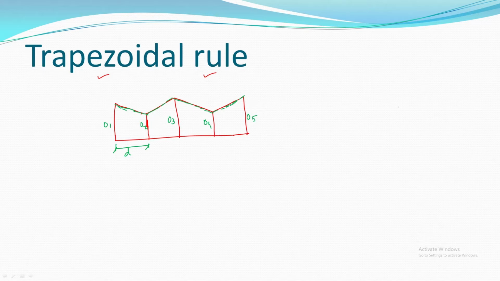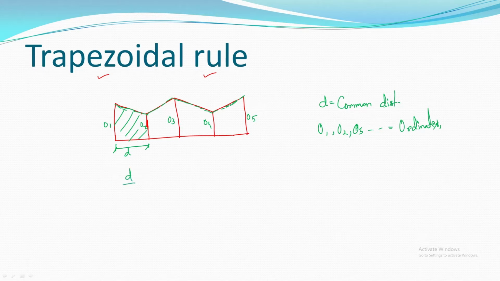So we can write over here that d is the common distance or interval, you can say, and O1, O2, O3 are the ordinates. So if you need to determine the area of this single portion, how can you determine?